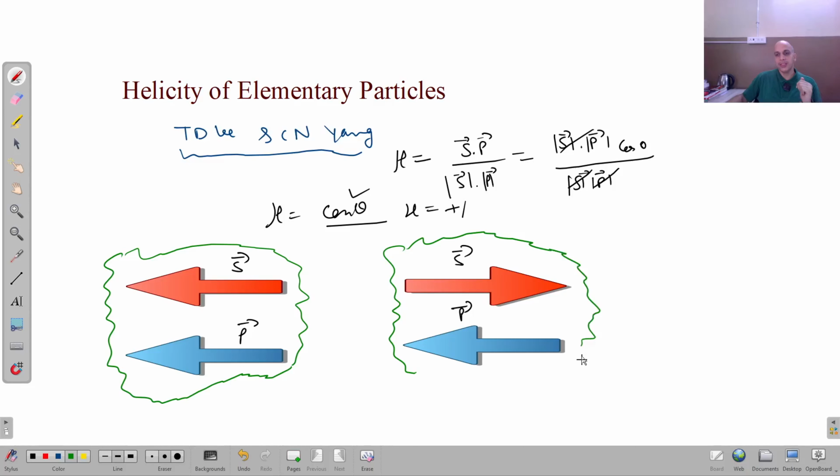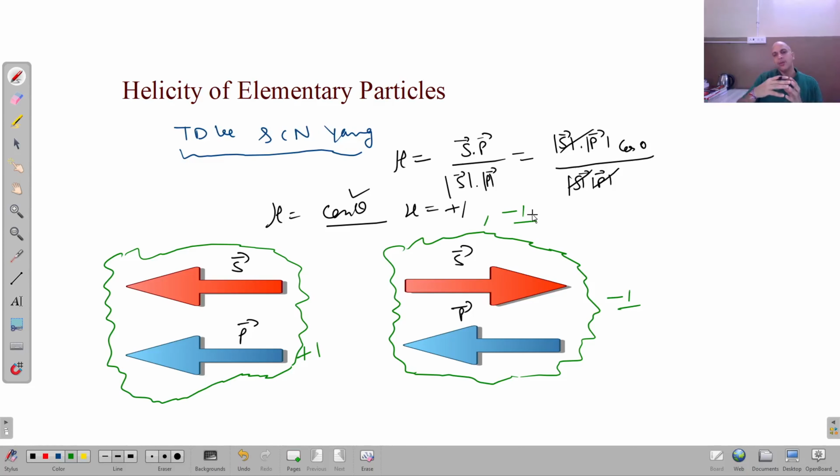So the first case is the case of positive helicity +1, and this is the case of negative helicity -1, because when the angle between S and P is 180 degrees, the helicity will become negative, right? So this is the way of measuring the helicity of any elementary particle.